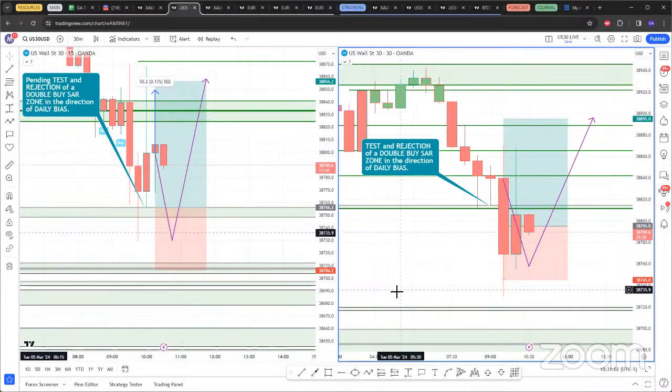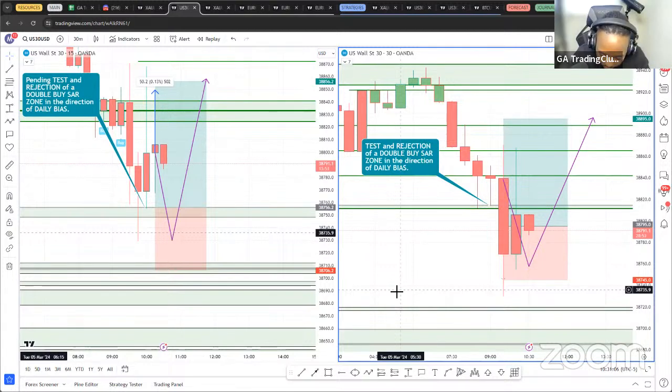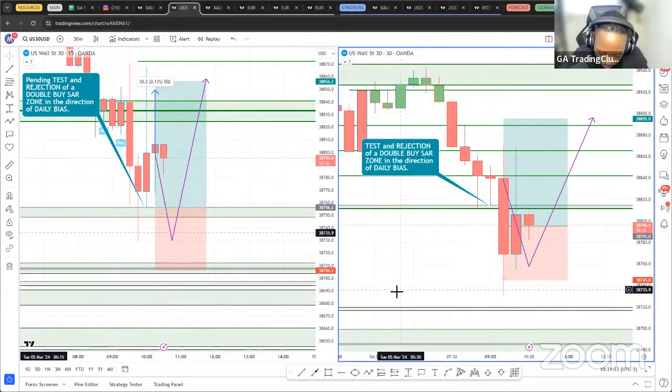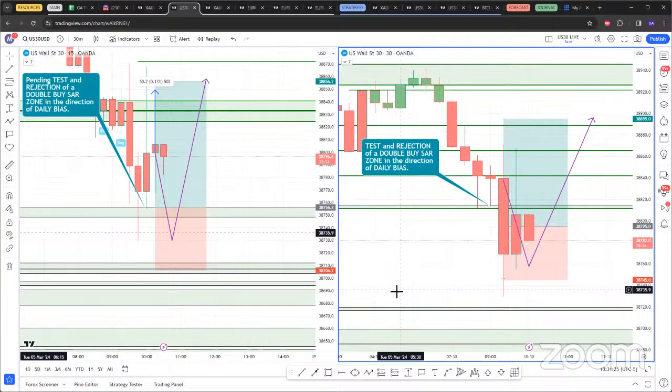all a fair value gap is, it's a three candlestick pattern. You already know that, right? Yeah, correct. So basically, if it's bullish, the first candle at the bottom will have a wick at the bottom, but no wick at the top. Even if it does have a wick at the top, it'll be very small. The middle candle is the one which has the gap. What we mean by a gap is the wick at the top or the bottom.